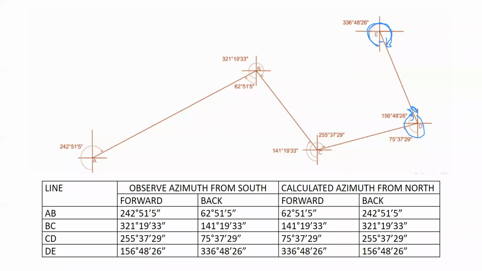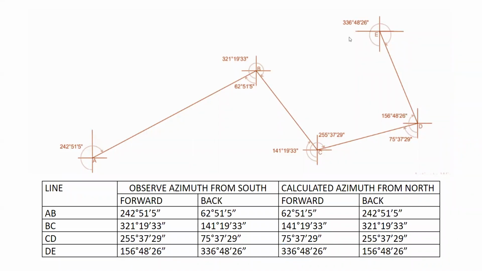Okay? So equal rin yan. Okay? So balik tayo. So we have that. So isusulat natin itong angle na yan is equal to 336 degree, 48 minutes and 26 seconds.